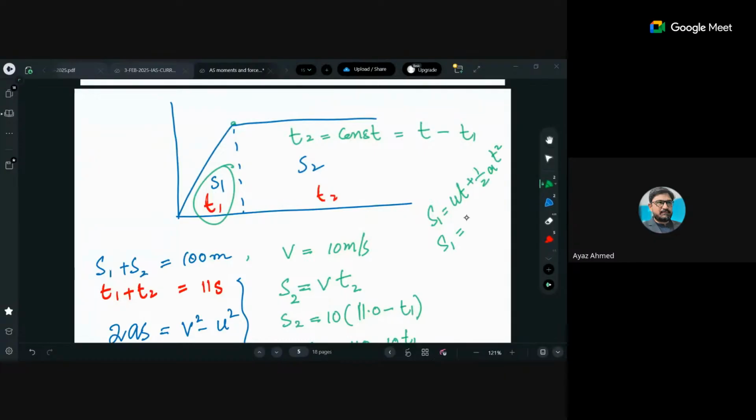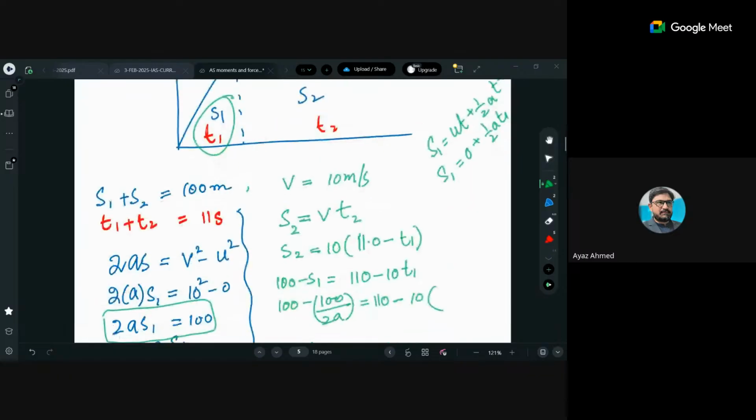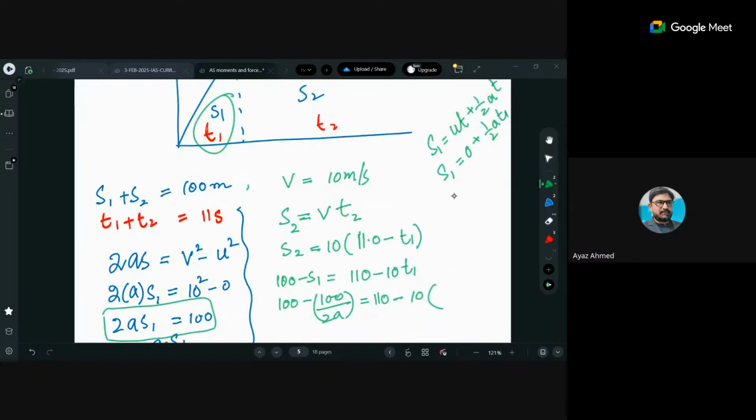So S1 is equal to 0 plus 1 by 2 into a into T1 square. So again, your T1 can be replaced by 2S1. Okay, again S1 is coming in the equation. Just a second.